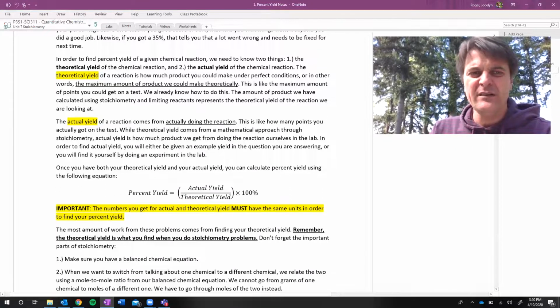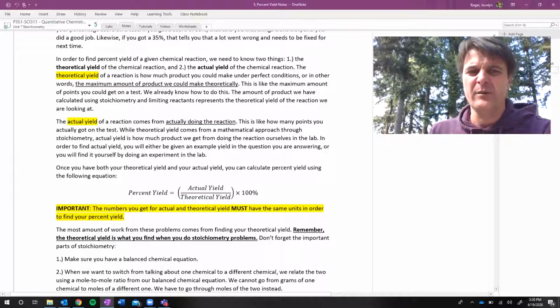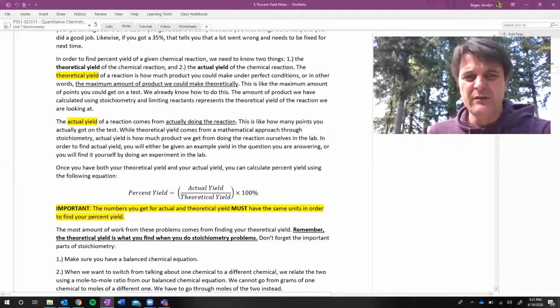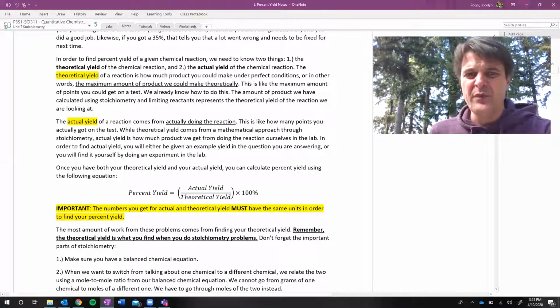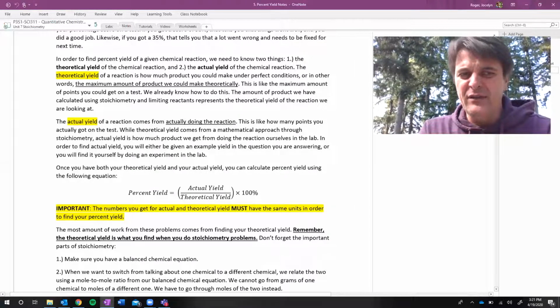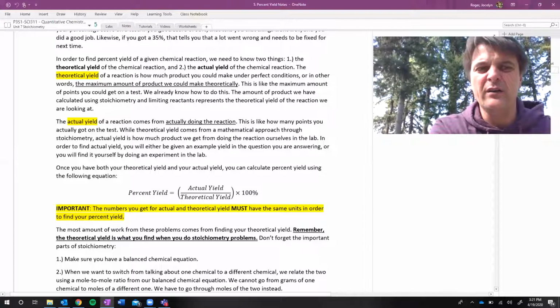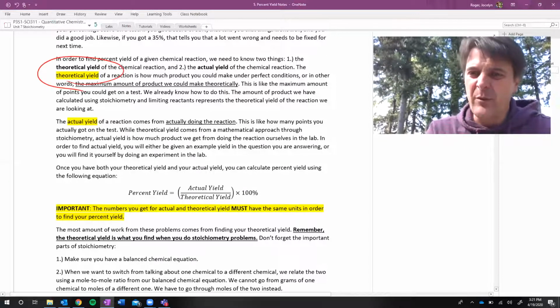Going to paragraph number 2, in order to find the percent yield of a given chemical reaction, we need to know the theoretical yield and the actual yield. Again, the theoretical yield is the amount that you calculate on paper, assuming a perfect situation. This is how much you could get. The theoretical yield is always based upon your stoichiometry calculation.